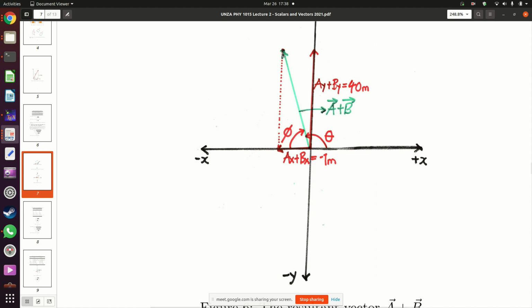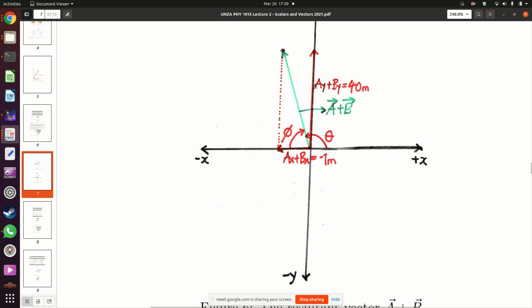So if the size is still 40 meters and the direction in which ay plus by is pointing is the same, then we have not changed anything. It is still the same vector. Is that clear? You can move a vector around as long as the size and the direction do not change. If the size and the direction do not change, then we are still talking about the same vector.